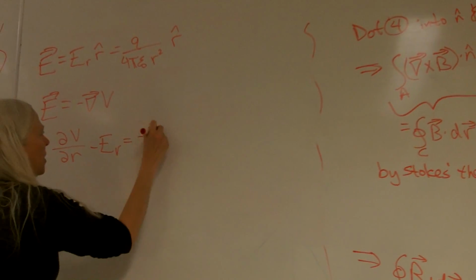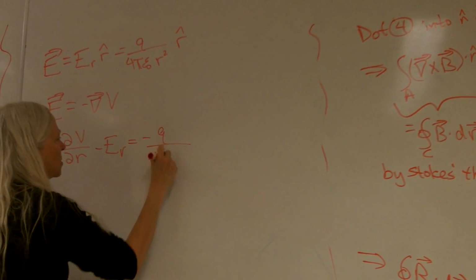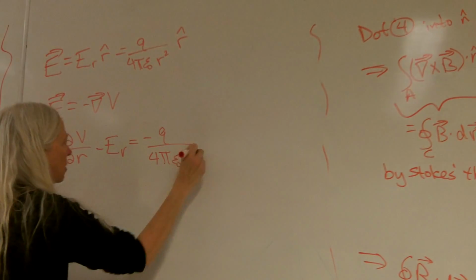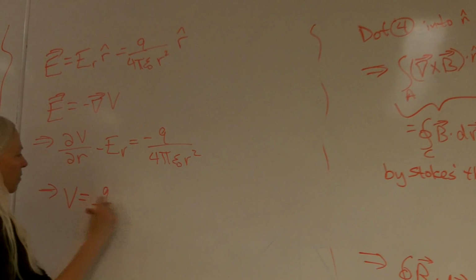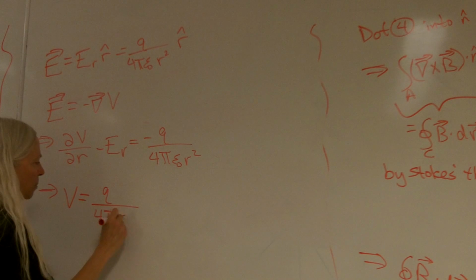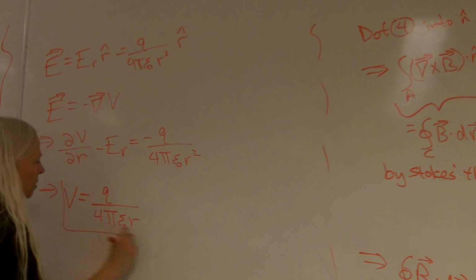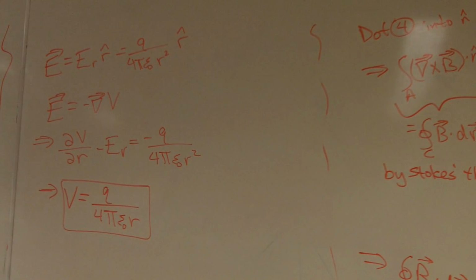In other words, minus q over 4 pi epsilon naught r squared. So integrating with respect to r to get V, we find that V is q over 4 pi epsilon naught r, which is our familiar expression for the potential set up by a point charge.